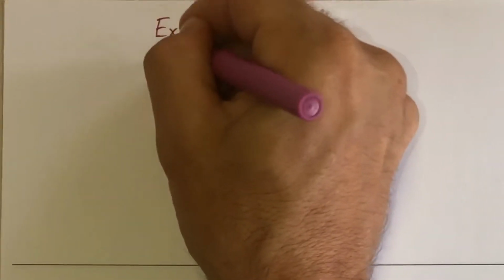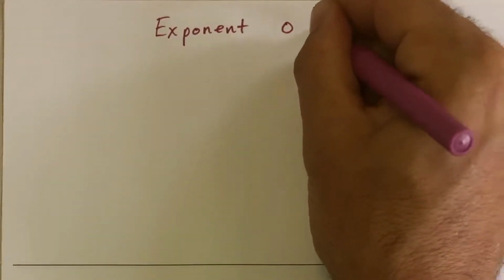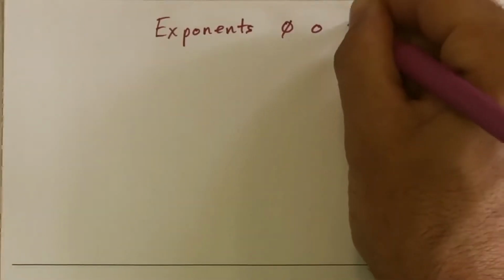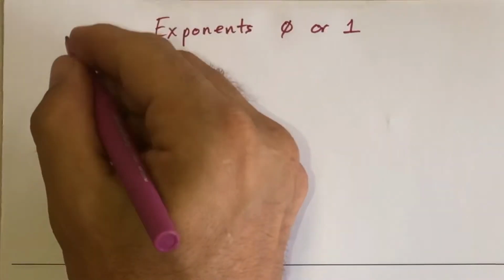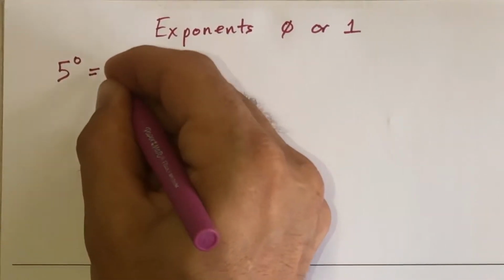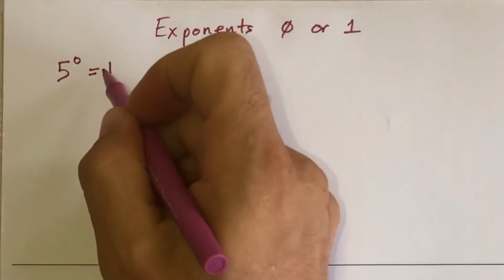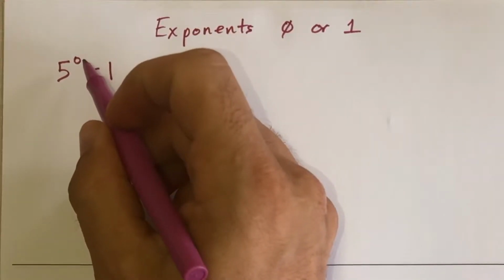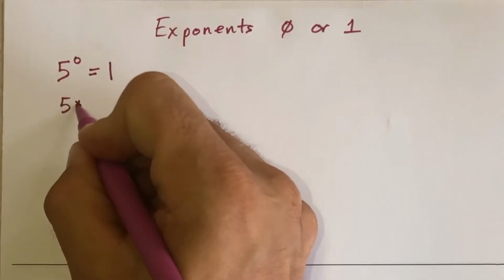Now I want to take a look at exponents when they're raised to a power of 0 or 1, and what happens there. If you put 5 or any number to a 0 power, it's going to be equal to 1. The understanding here is that you are not multiplying 5 times 0.